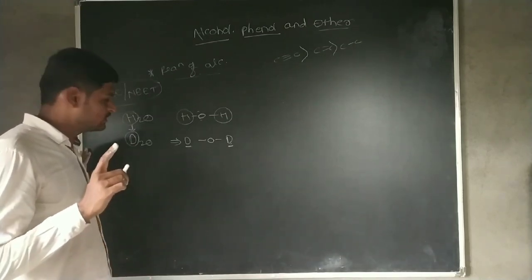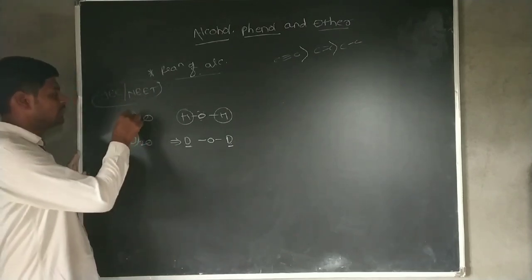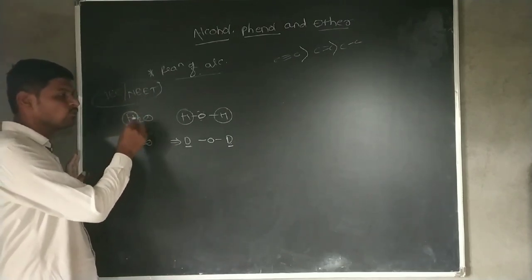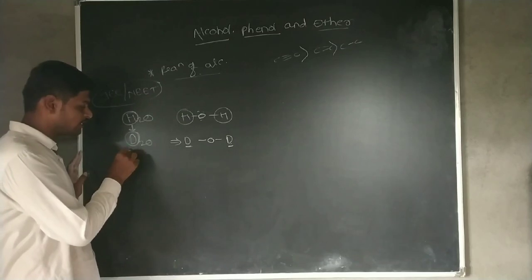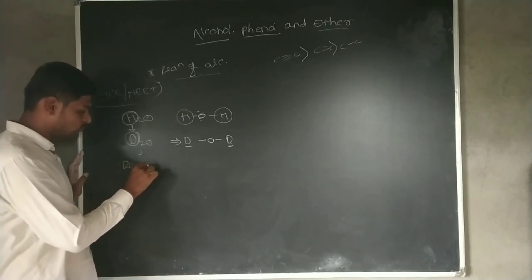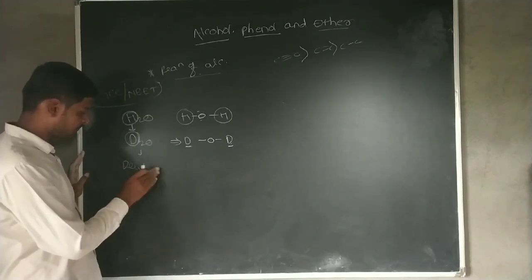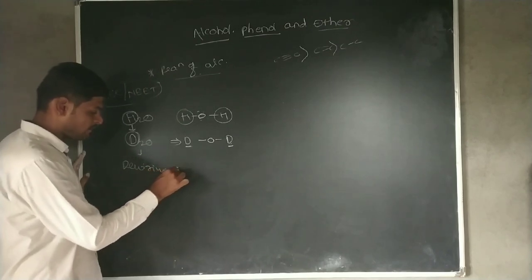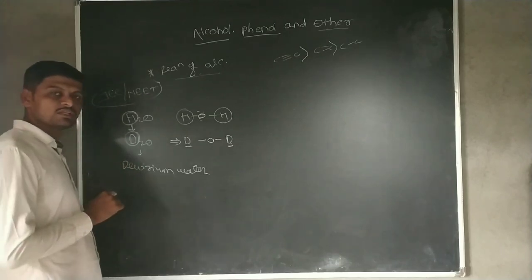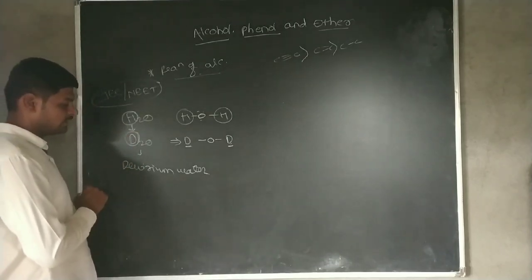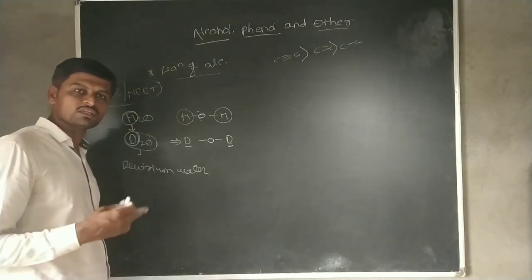Once again, deuterium is an isotope of hydrogen. When the hydrogen in a water molecule is replaced by deuterium, it is called deuterated water, or deuterium water. After replacement of hydrogen by deuterium, the molecular weight of deuterated water increases.